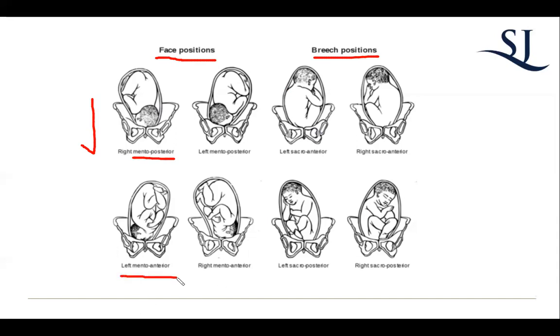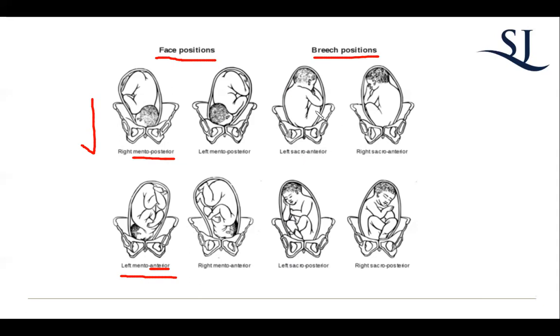Mentum anterior is different. Mentum is referring to the chin. So if that's in an anterior position, meaning that it's on the top part, if you're looking, they could deliver it. It'll just take them a little longer.